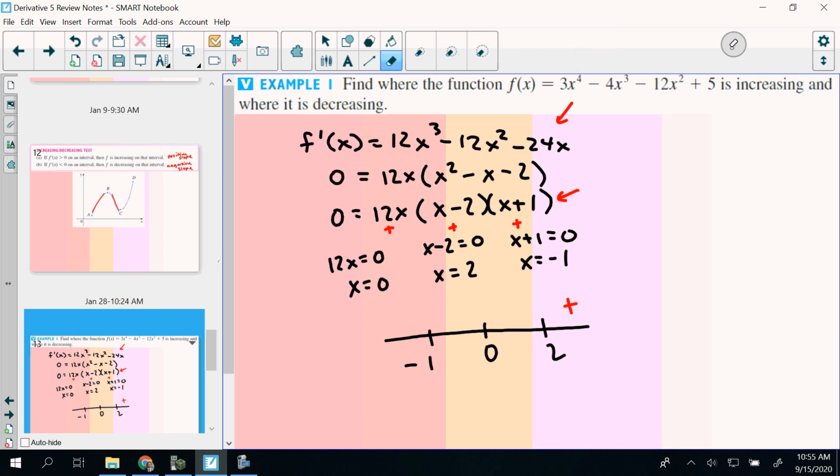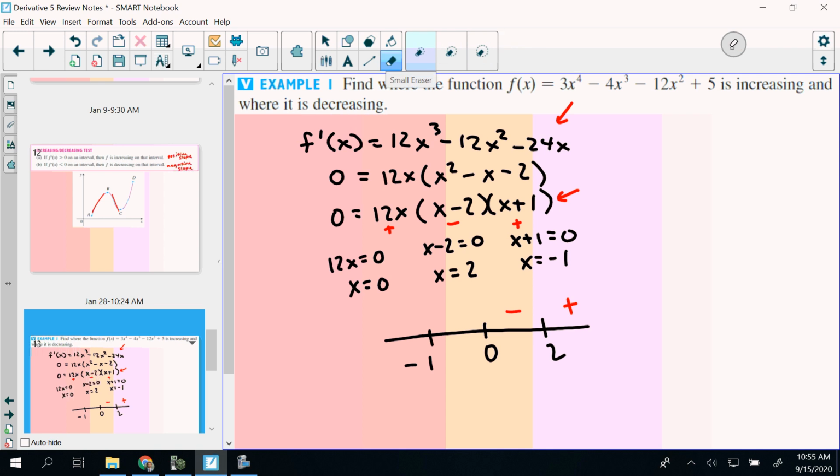Let's now check a number in between 0 and 2, like 1. So if we put 1 in, 12 times 1 is positive. 1 minus 2, though, that now turns negative. 1 plus 1 is still positive, but if we multiply 2 positives and a negative, that's going to come out negative. Now we got to test a number between 0 and negative 1.